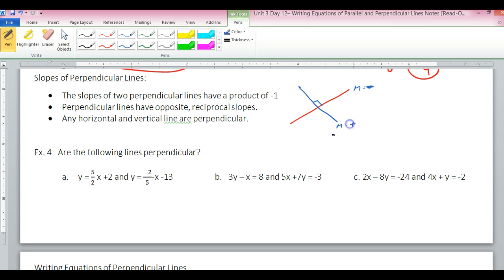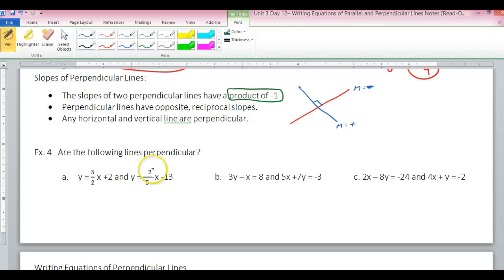Anytime you look at slopes of perpendicular lines, they are always opposites of each other. One will be positive, one will be negative. Now, to determine if lines are perpendicular, if you multiply their slopes together, if the product ends up being negative 1, you know the lines are going to be perpendicular.